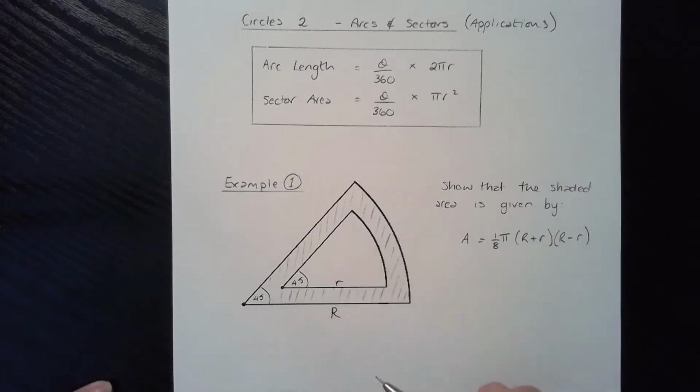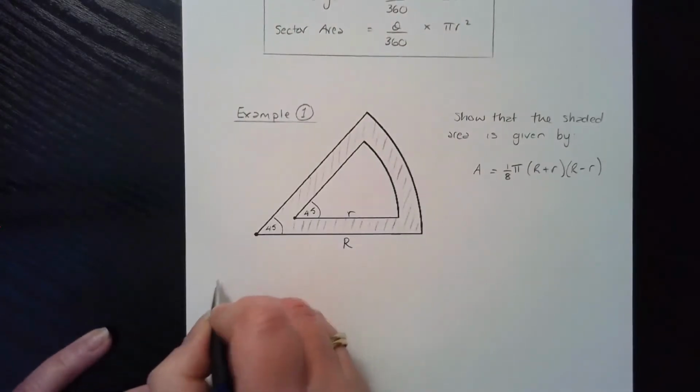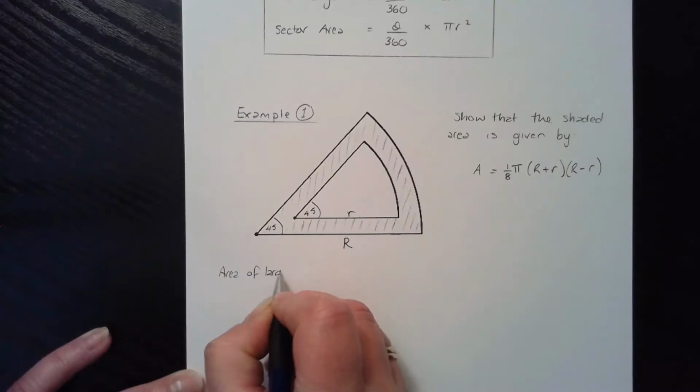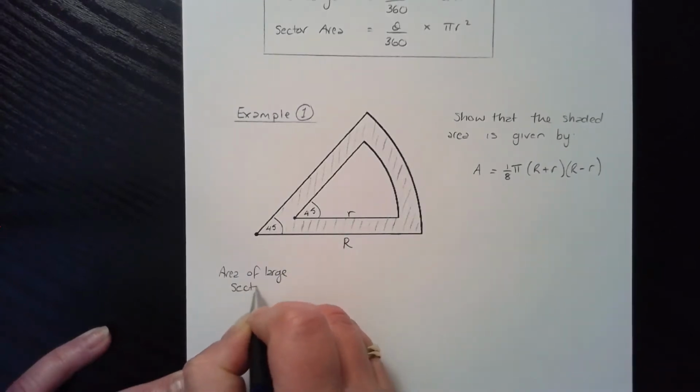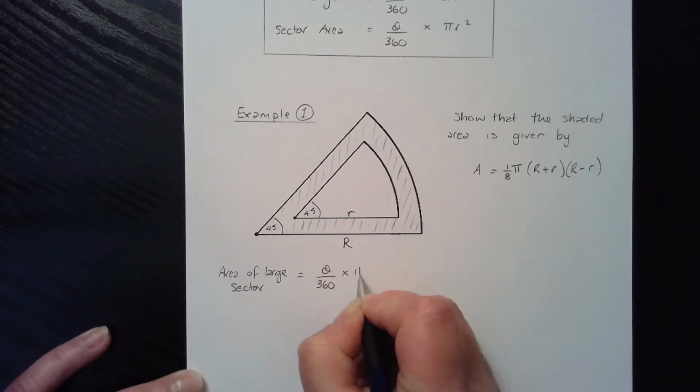Because I've got two sectors, I'm going to do the working separately. So I'm going to start with the area of the large sector. Writing down my formula, theta over 360 times pi r squared.